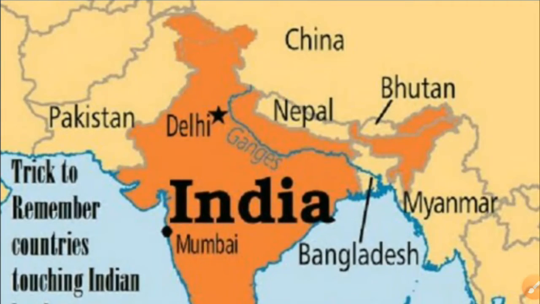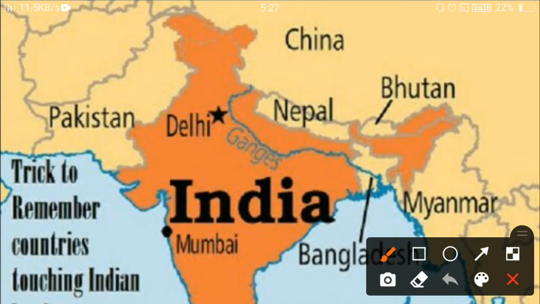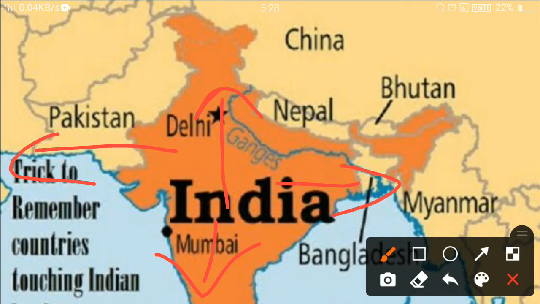Children, India shares land borders with Pakistan in the west. Again, the directions you have to see always: north, south, east and west. This is the west part. Here you can see Pakistan on the west side.